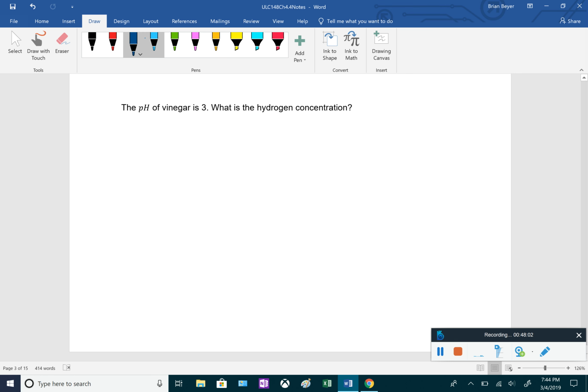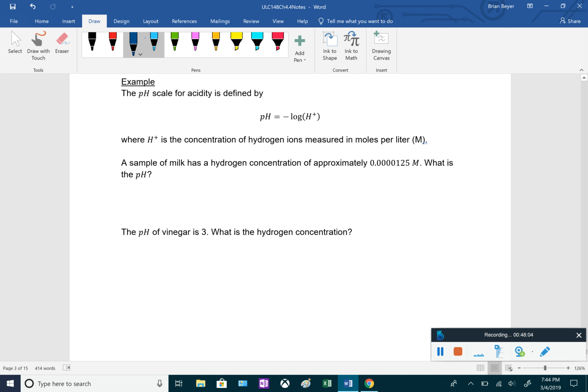So let's do, I believe this is the last thing, one more example here, just for one extra little application that's pretty simple. So the pH scale, like I had mentioned above, and the concentration of hydrogen ions are related using logs. The pH scale for acidity is defined by pH equals negative log of the concentration of hydrogen ions.